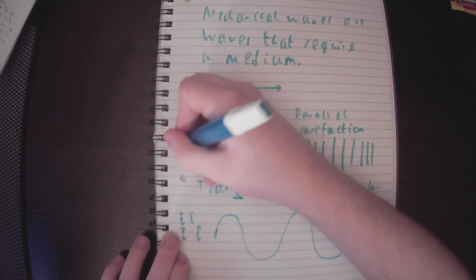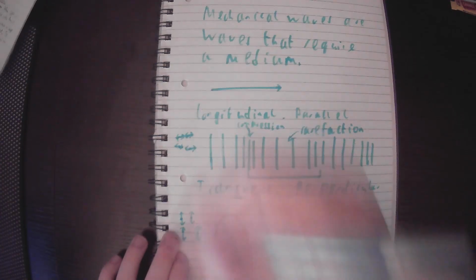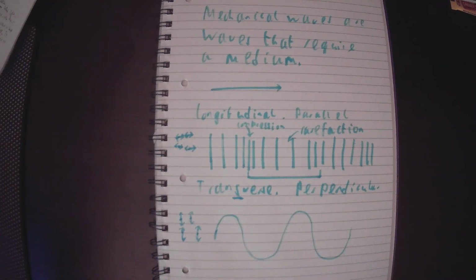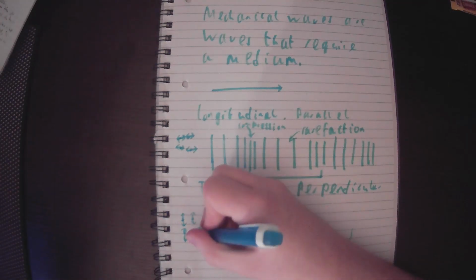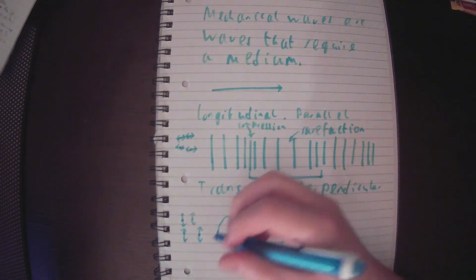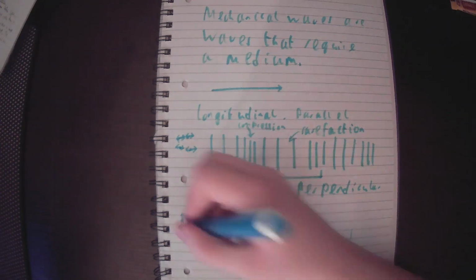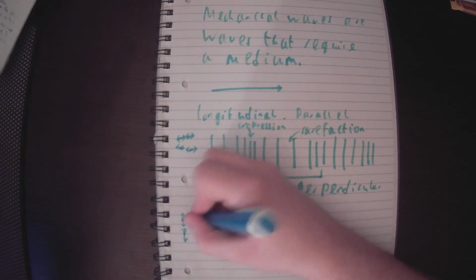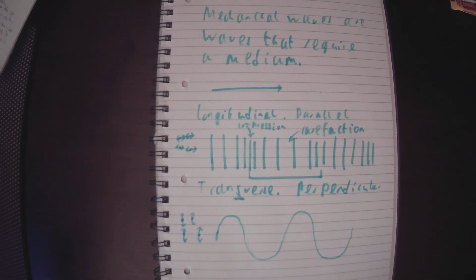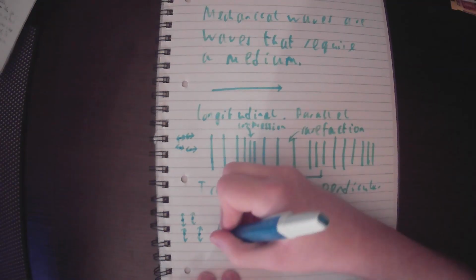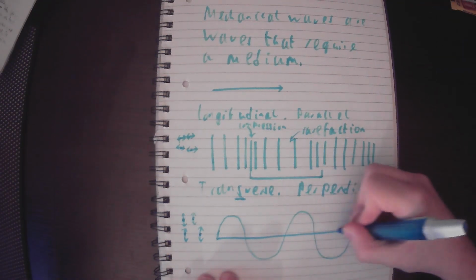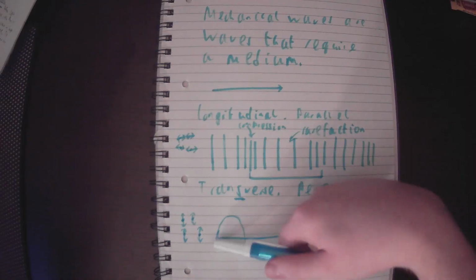Their starting position is called their equilibrium position, or rest position it's sometimes referred to, but equilibrium position is the terminology that we should be using now. Anytime a particle passes back through that point, where the particle originally was, it is at its equilibrium position, and the equilibrium position lies on that axis there.